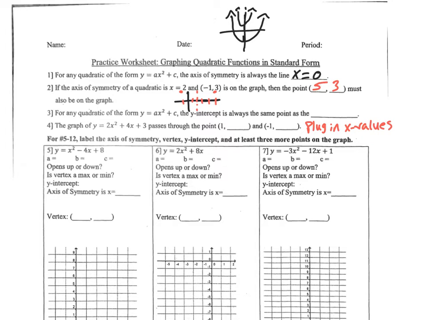So we want to plug 1 into the equation, plug -1 into the equation. Be careful. We don't know that what we get for 1 is going to be the same for -1. That would only be if the axis of symmetry is at x equals 0, which we don't know that it is in this case. So we have to plug both of them in.